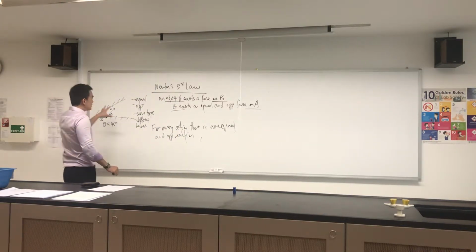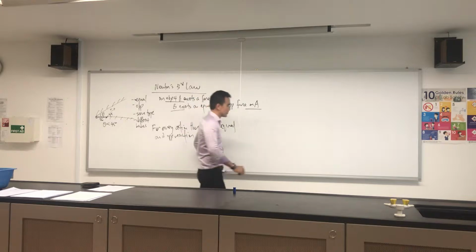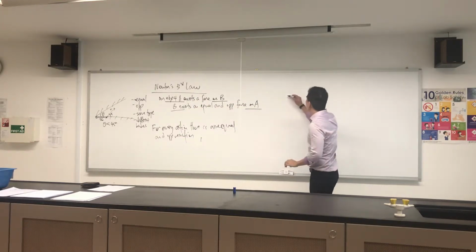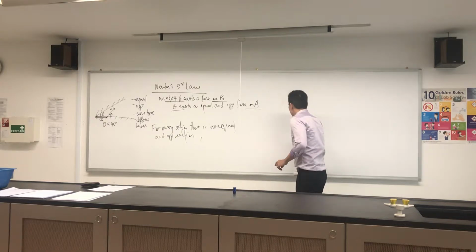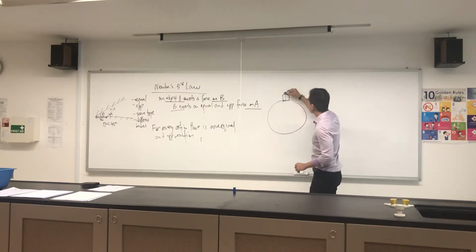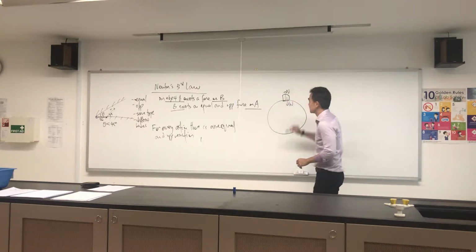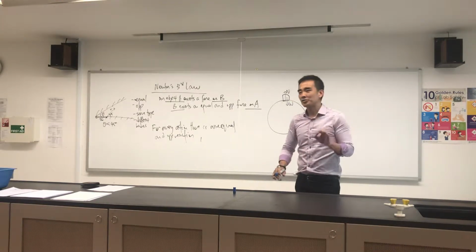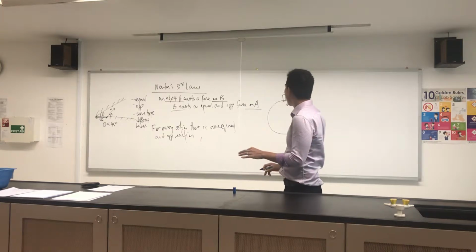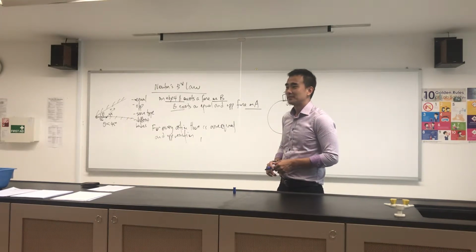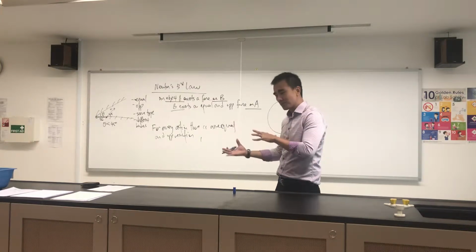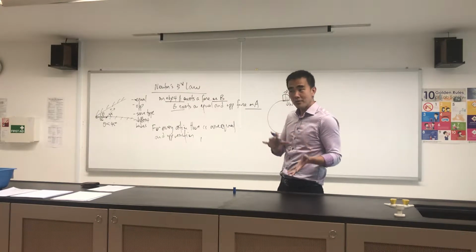So let's apply this idea back to the same example that we did just now. If we have the Earth and the box, we know that there are two forces acting on the box. Now, which is the action-reaction pair of the normal contact force on the box? When A exerts a force on B, B will exert a force on A, right?